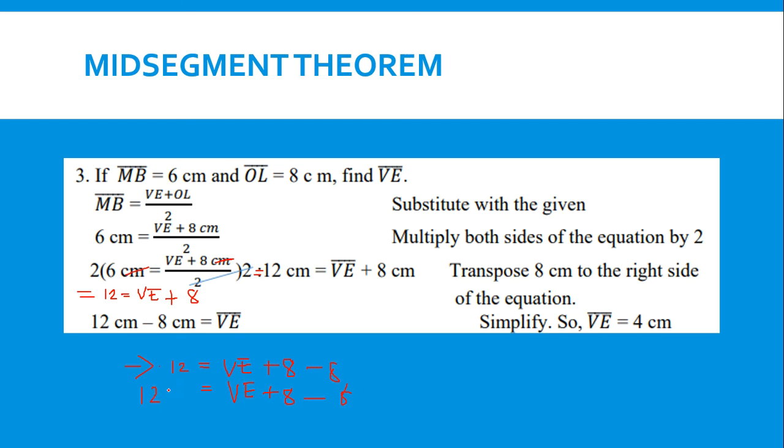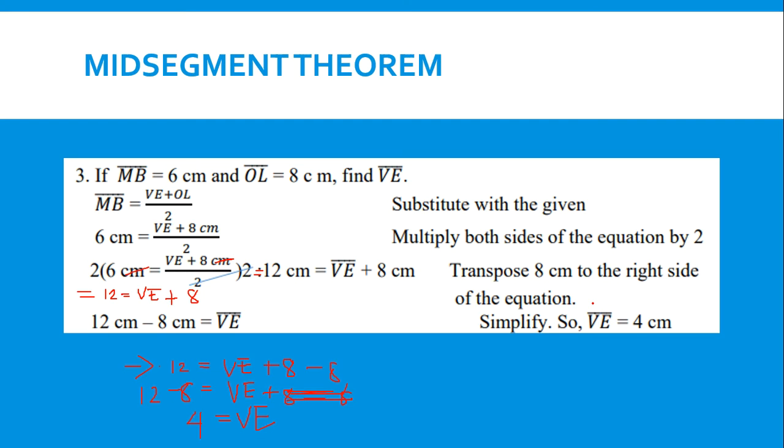So, 12 minus 8 equals VE. On the right, the 8 is gone, it becomes 0. 12 minus 8, that is 4. So, 4 equals VE.